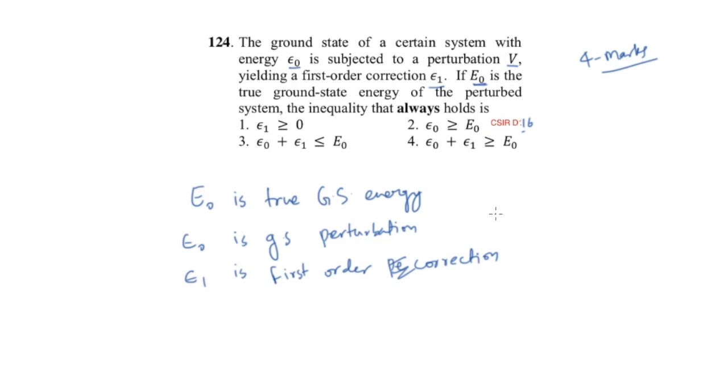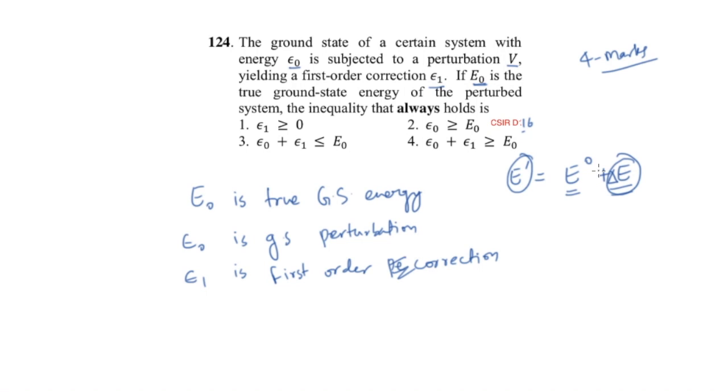If E dash is the energy, we will have E naught plus delta E, and this delta E is the perturbed energy, right? And E naught is your actual or true ground state energy. So in the perturbed energy level, we get a little higher energy than the true ground state energy, given by delta E, right?